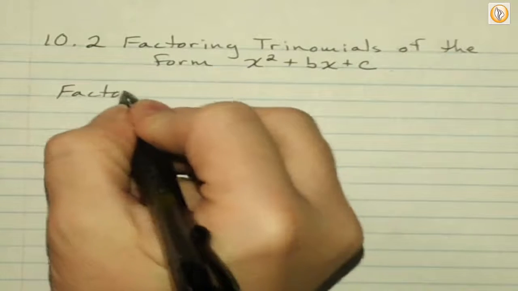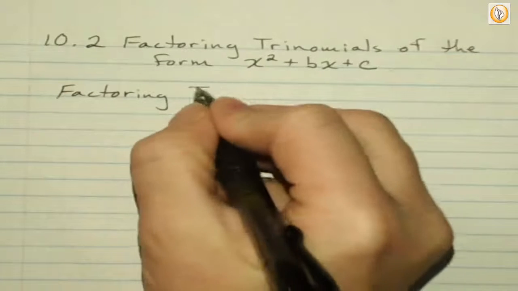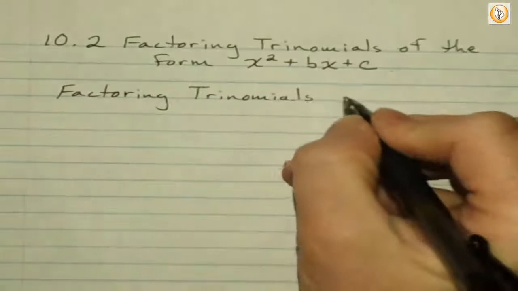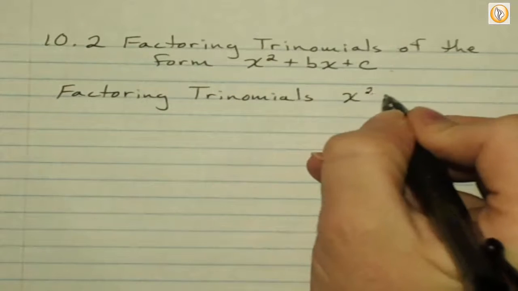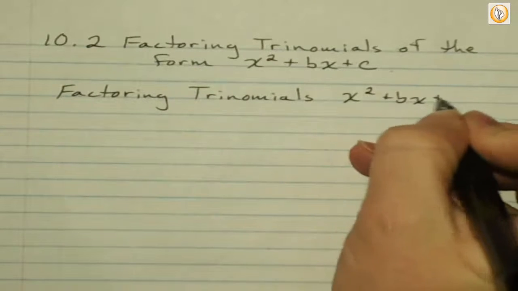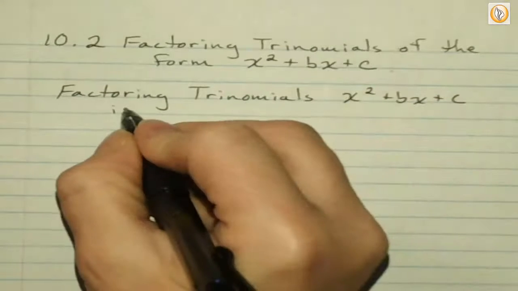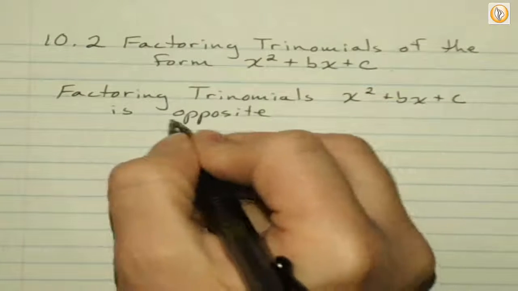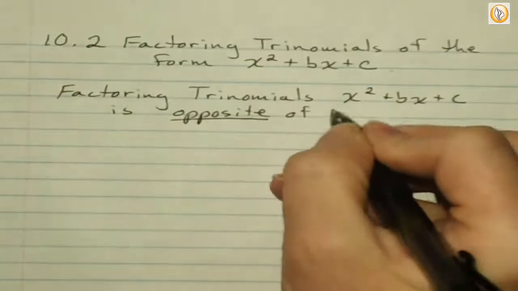Okay, so basically, because this is kind of weird stuff here, factoring trinomials that look like this is the opposite of FOIL.